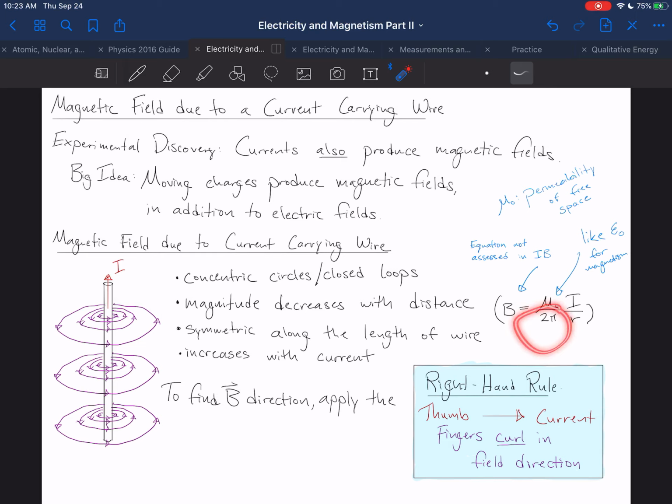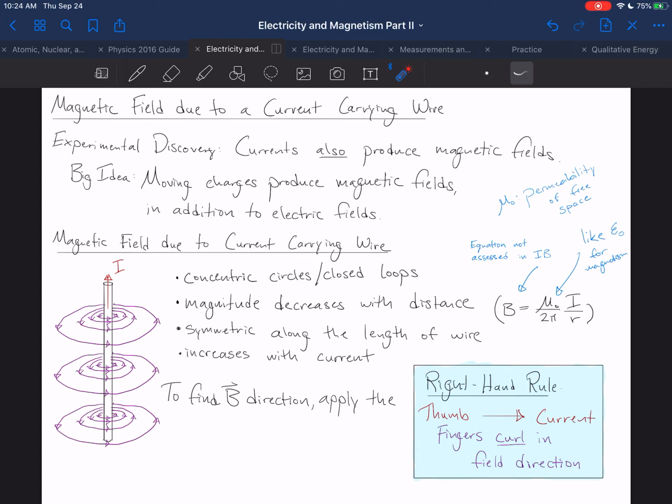2 pi should be familiar to everyone, but this constant, mu0, is known as the permeability of free space. Notice this is very close to epsilon naught, the permittivity of free space, and you can think of mu0 as being like epsilon naught, but for magnetism. It basically says, here's how sensitive a vacuum is to magnetic field. So if I have a certain amount of current, how much field do I get?